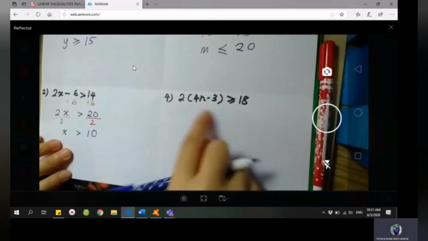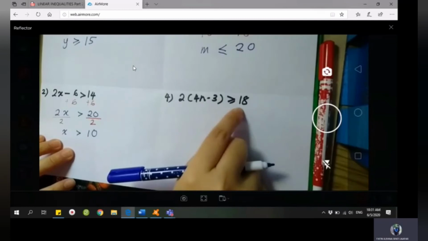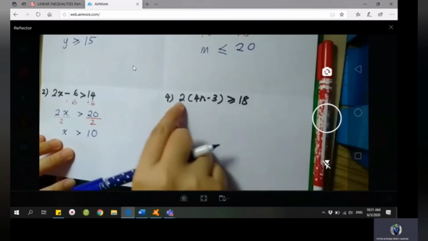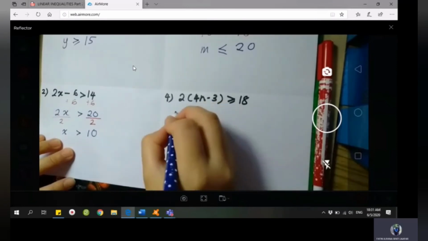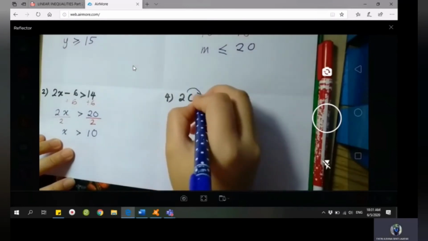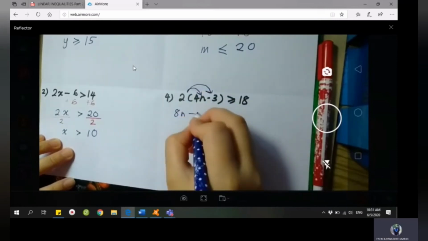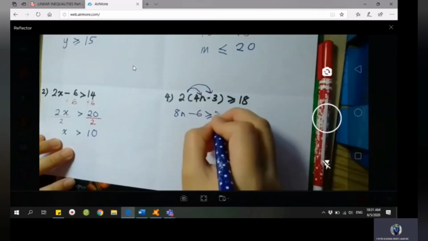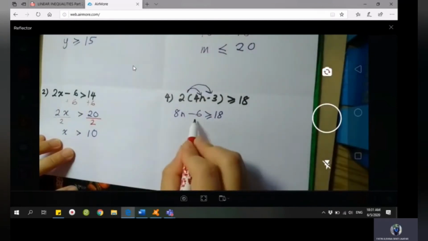Number, okay, this one has two ways. Either we expand first, then solve, or we can get rid of 2 first. Okay, so if we want to expand first, we will get 8n, 2 minus 3, negative 6, 18. Okay, and then get rid of negative 6.